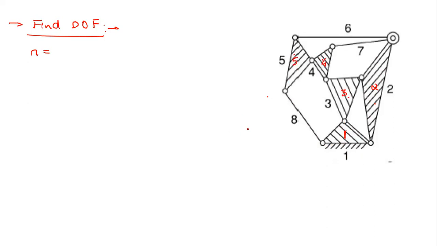When such a problem is there, it's better to count the ternary links first, or you can say the higher order links first, and then go for the binary links.